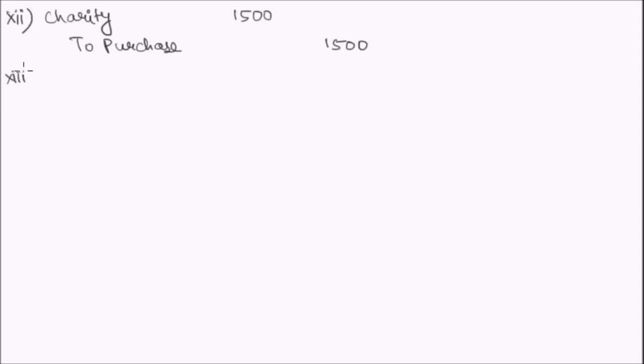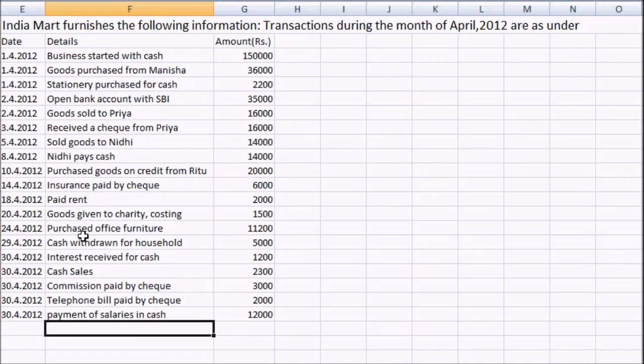We come to the next transaction. So the next transaction is purchased office furniture that is worth 11,200. Here two accounts are involved, that is a furniture account and the next one is cash account, as it has not been mentioned here that payment has been done in cash or check.